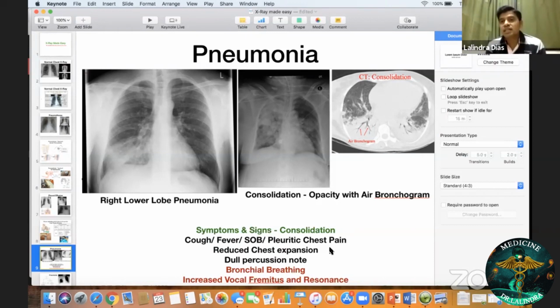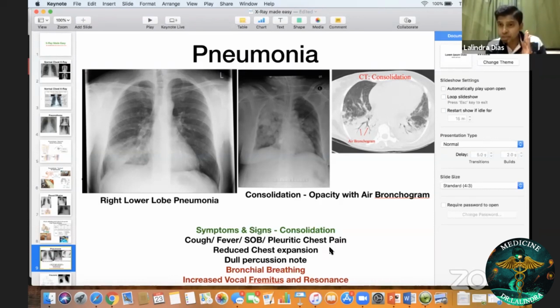So red currant jelly sputum occurs in Klebsiella pneumonia. You need to remember that. Then certain pneumonias produce greenish sputum. Pseudomonas. When you grow Pseudomonas, you bring out greenish sputum. So these are types of pneumonia and their respective sputum color.